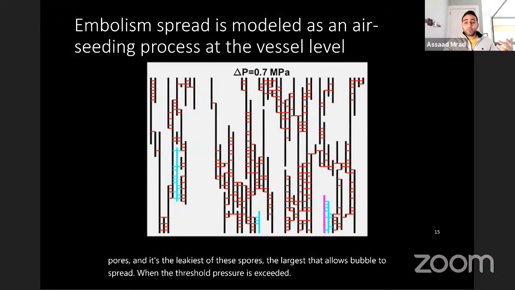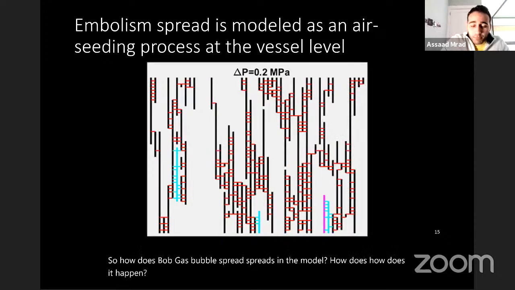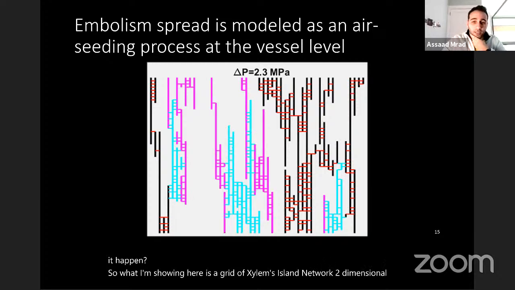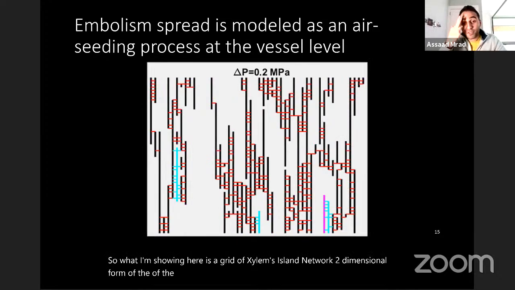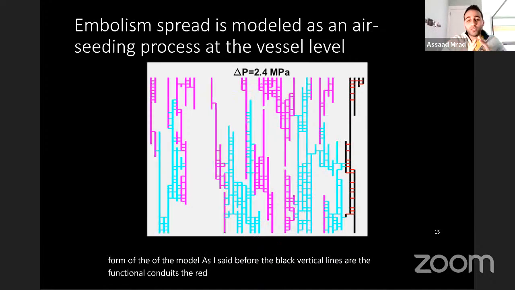So how does gas bubble spread in the model? What I'm showing here is a grid of xylem, a xylem network, a two-dimensional form of the model. As I said before, the black vertical lines are the functional conduits. The red horizontal lines are the functional contact walls.